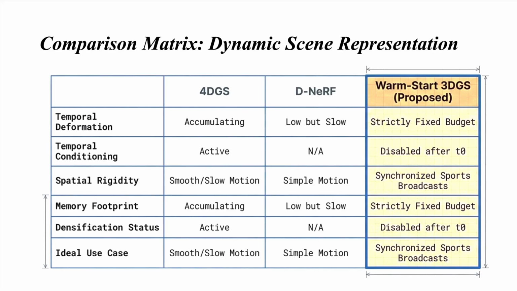Let's see the comparison matrix and understand how the proposed warm start 3DGS compares to 4DGS and D-NeRF. Unlike 4DGS, which has accumulating memory and active densification, we maintain a strictly fixed budget. Our method is specifically designed for the high-speed, synchronized nature of sports broadcasts, where temporal conditioning can be safely disabled after the first frame.